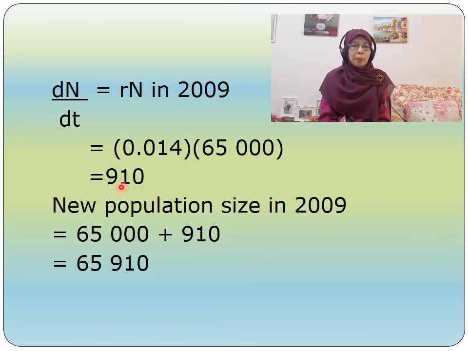So the new population size in 2009 equals the original population size, 65,000, plus the increment, which is 910. So the total population size in 2009 is 65,910.